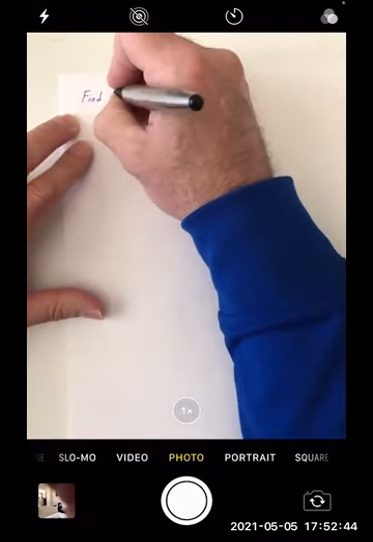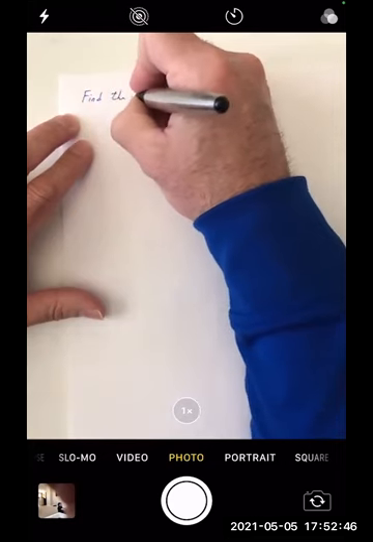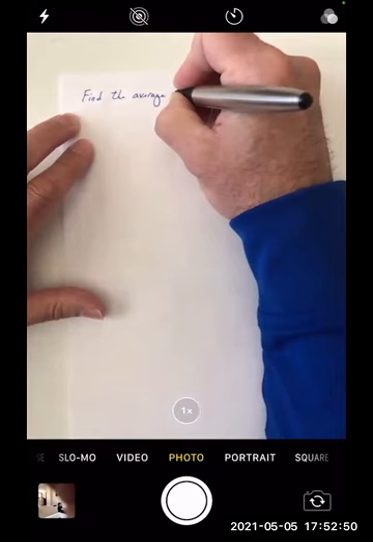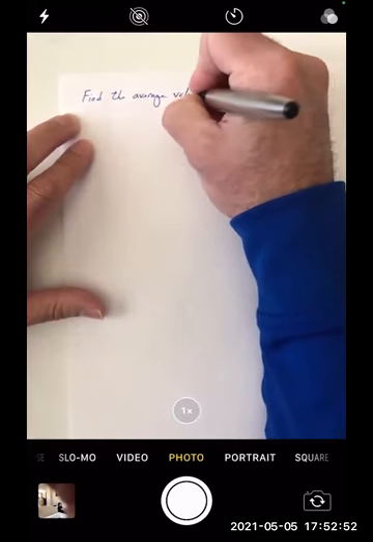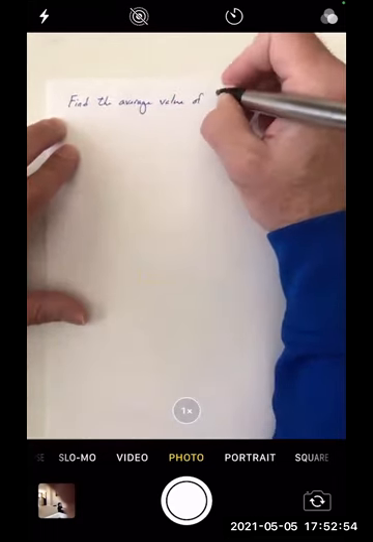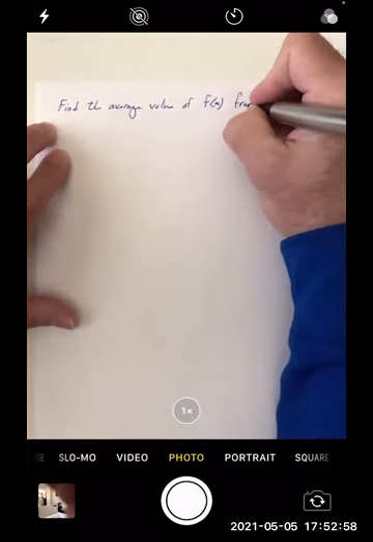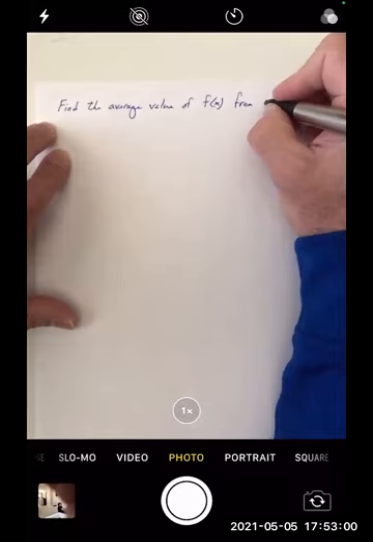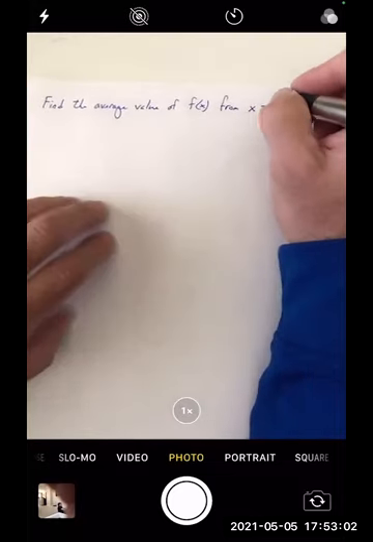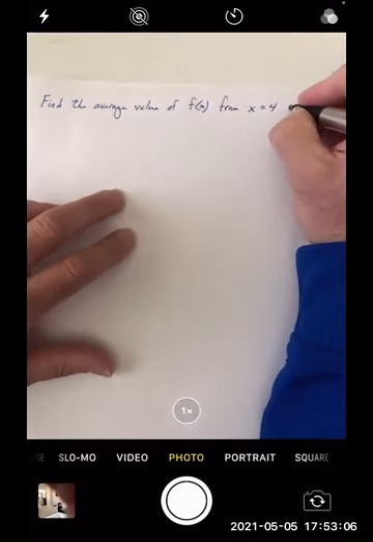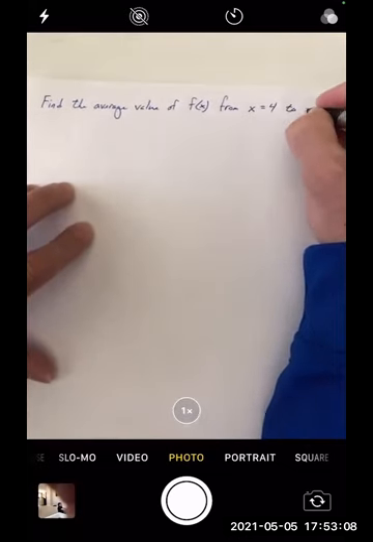So find the average value of f of x from x equals, I don't know, 4 to x equals 9.